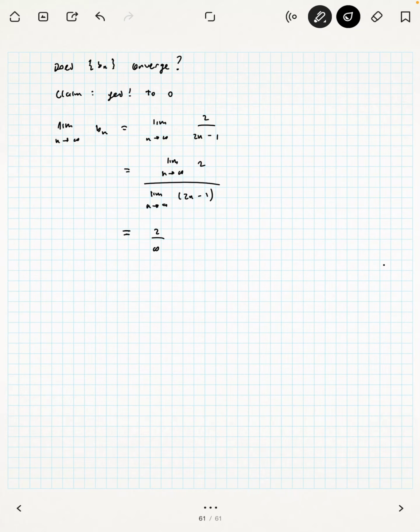I'm going to put a limit equals, because we know that's not how limits work. What we do know is that this will converge to 0, because the denominator is a linear sequence in n. Another term for this is an arithmetic sequence.